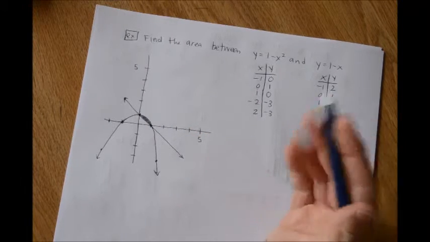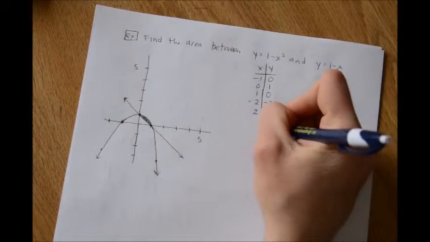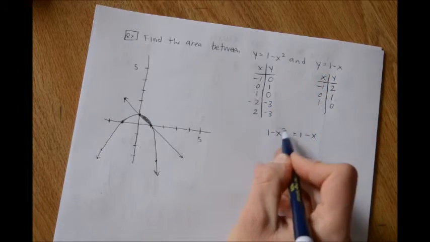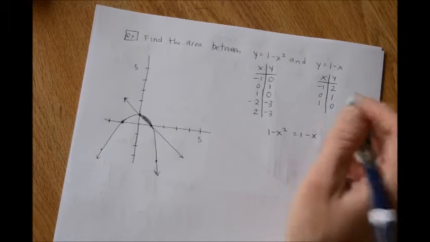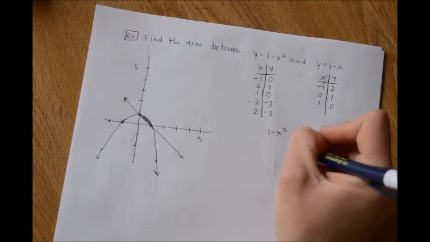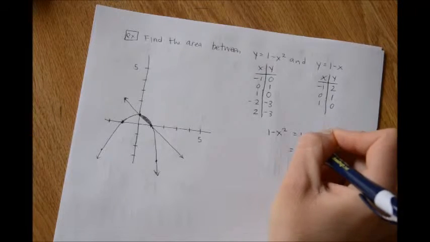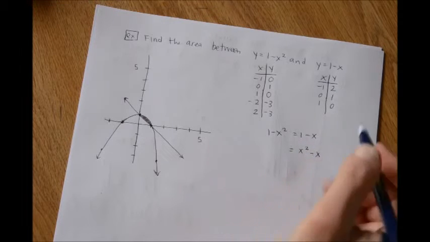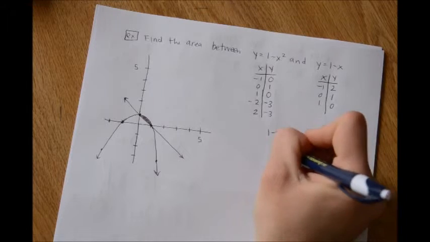If you don't know that, we want to know where these two equations equal each other, so you can set them equal to each other. So you have 1 minus x squared equals 1 minus x. And because of this x squared, it'll tell us both places that they're equal. So I'm going to add the x squared to both sides, so I have x squared minus x, and subtract that 1 from this side, so this would be 0.